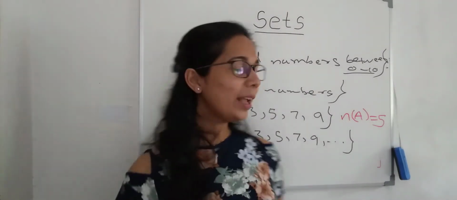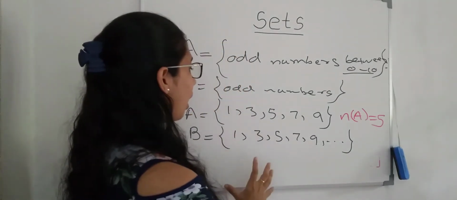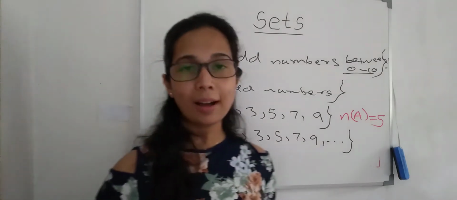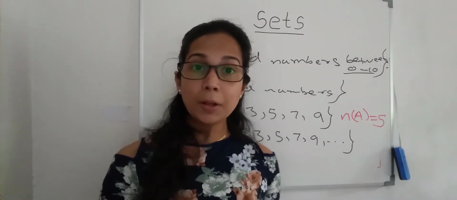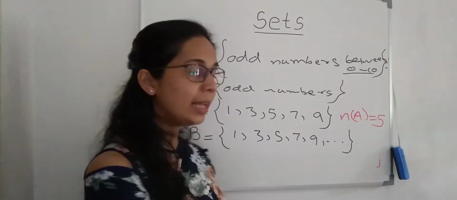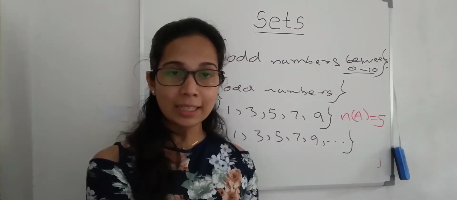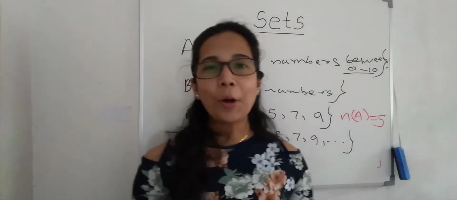Right? Okay, let's see. Can you count the numbers of the elements in the set B? No, you can't. Why? Because numbers of the elements in the set B is infinite. The numbers of the elements in the set B is not finite.